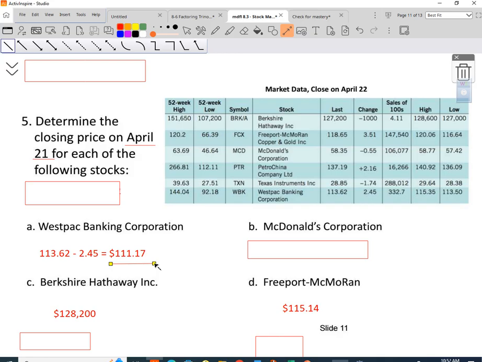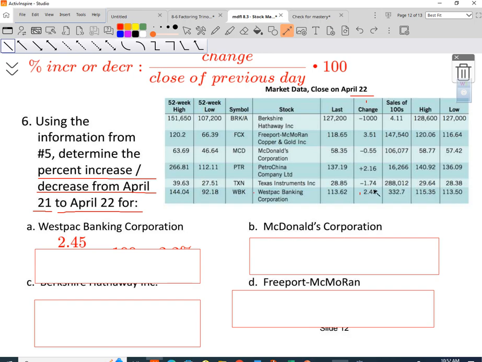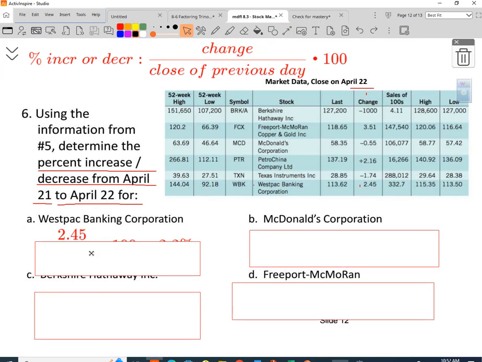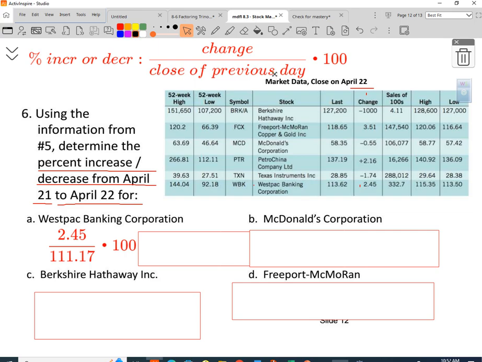Is everybody following? Okay. So for here now, it's the change divided by the closing price for the previous day times 100, and that percent would be 2.2%. So that is the percent change from the previous day to today.